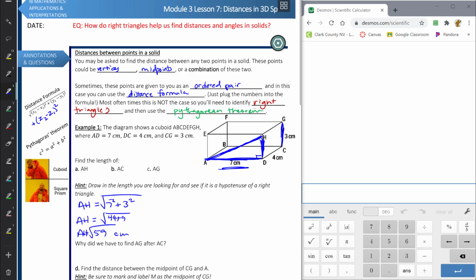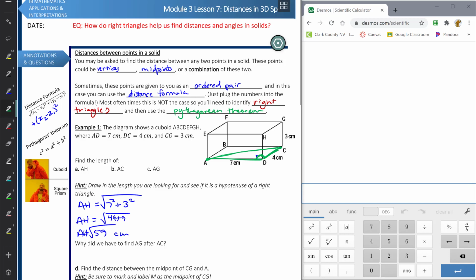Easy enough. Not a sweat. Let's take a look at another one, though. Now we want to go actually through the solid, and that's where we get a little bit tricky, and it gets hard to draw these things. So AC connects the bottom face is what we're looking at. So we're going through the bottom face now. And now we can see that I still have a right triangle connecting these two.